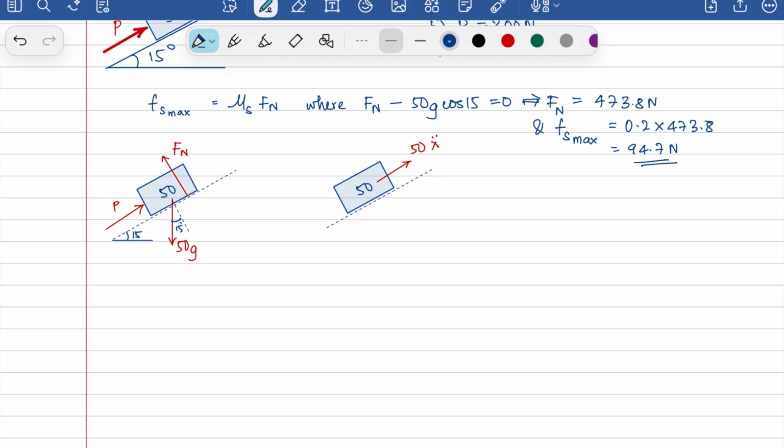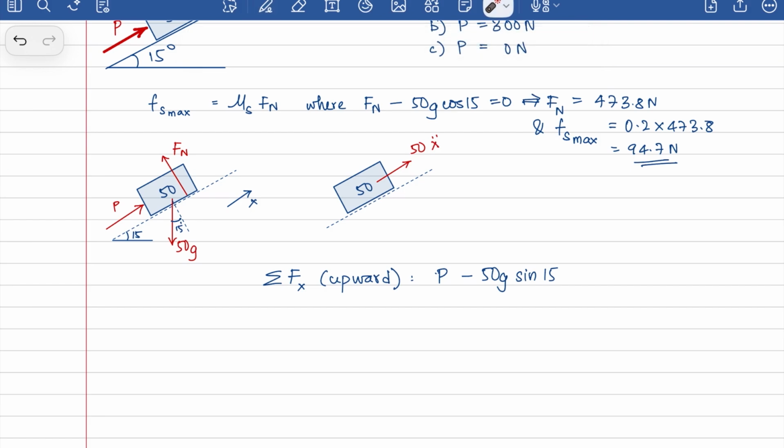So what is the net force that is acting upwards? I'm going to say that this here is the x direction. So the net force in the x direction, that is upward, would be P minus 50g sine 15. Why is it sine?